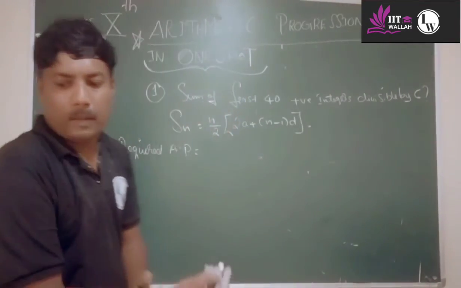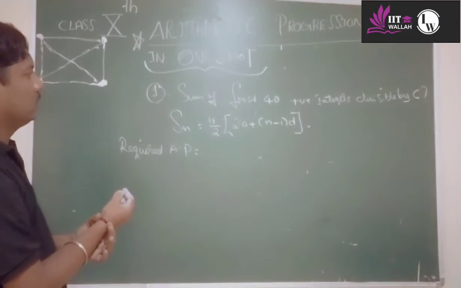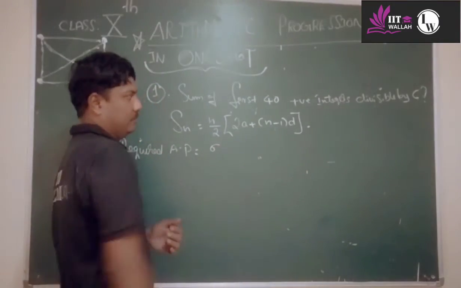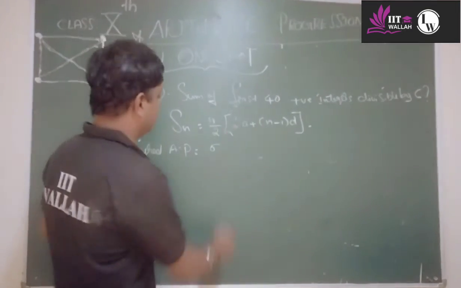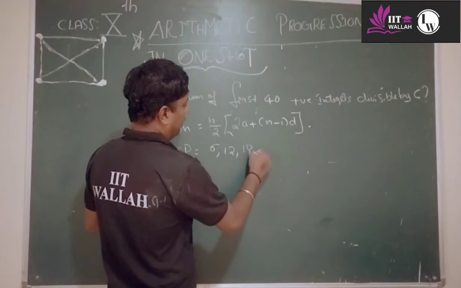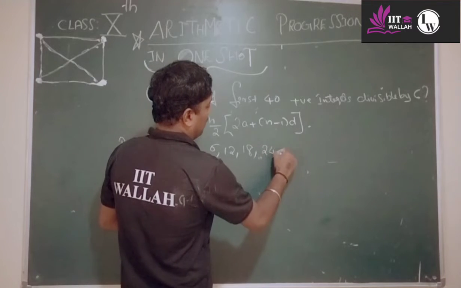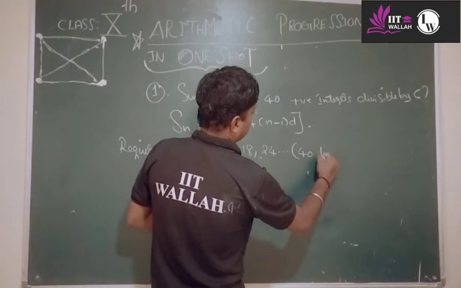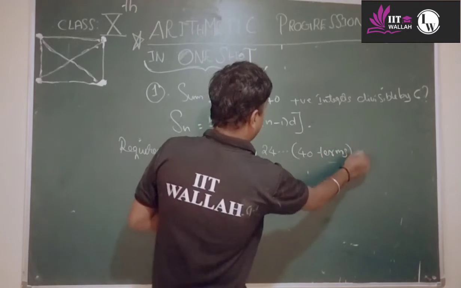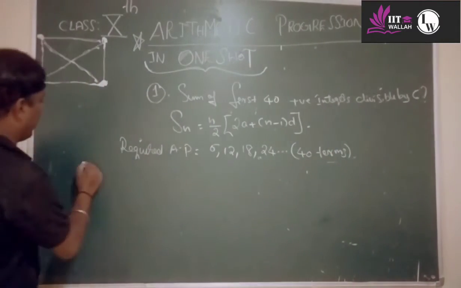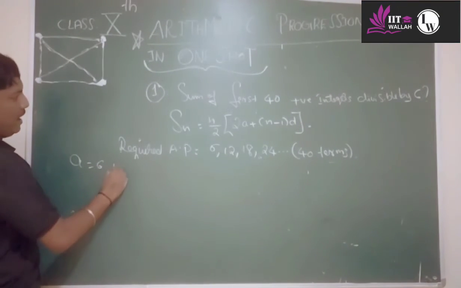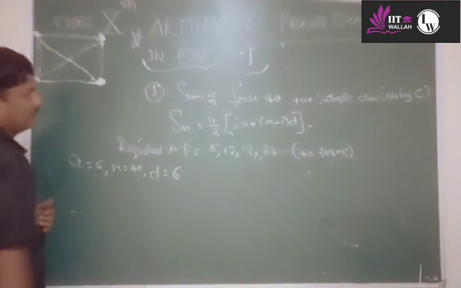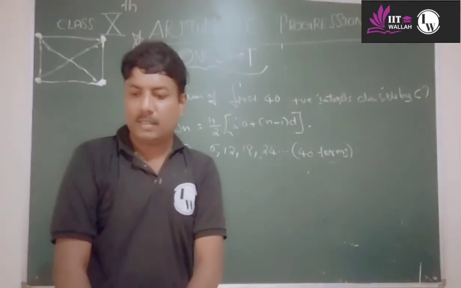So the first number is 6 itself, because 6 is divisible by 6. 6, 12, 18, 24, etc. How many? 40 terms. So our a is 6, n is equal to 40, and d is also 6.